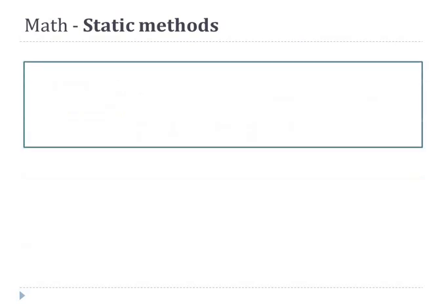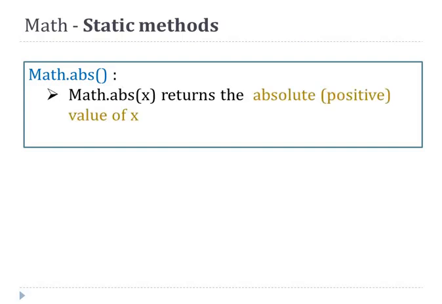After that, Math.abs, that is absolute. This function takes one number as a parameter, and it will return the absolute value of x. Absolute means positive.